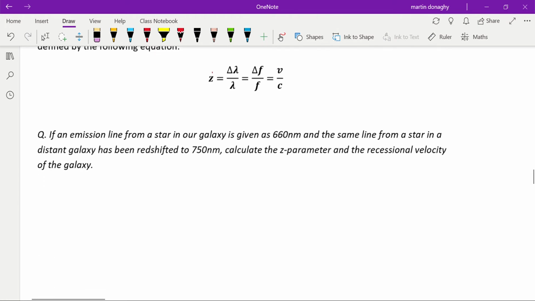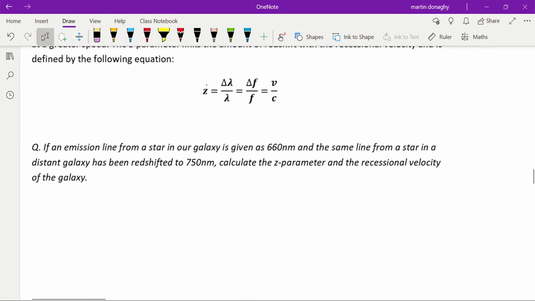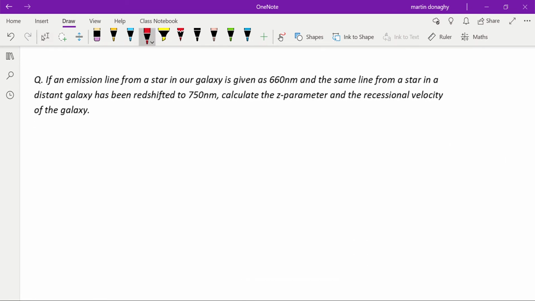So if we look here, it says an emission line from a star in our galaxy is given as 660 nanometers. So lambda in this case is 660 nanometers. The same line in a star in a distant galaxy has been redshifted to 750.